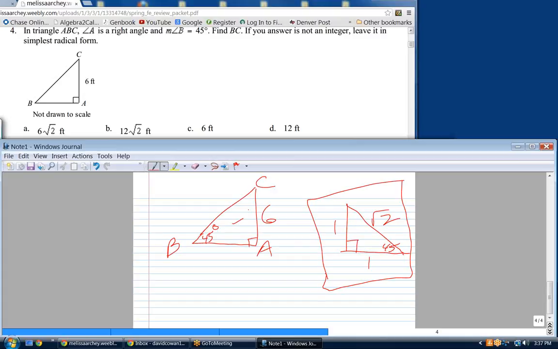In other words, if your scale factor is 6 to 1, every side of this triangle has to be 6 times every side of this triangle. So if the hypotenuse of this triangle is square root of 2, what is the hypotenuse of this triangle? What's 6 times square root of 2? 6 square root of 2. That's the answer.